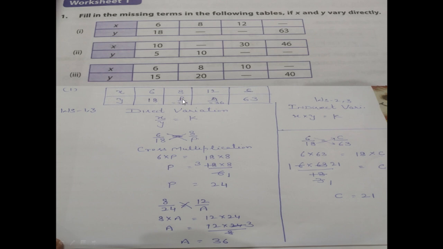Here P is unknown, A is unknown, C is unknown. So 6 over 18 is equal to 8 over P. Now cross multiply. 6 multiplied by P is equal to 18 multiplied by 8.